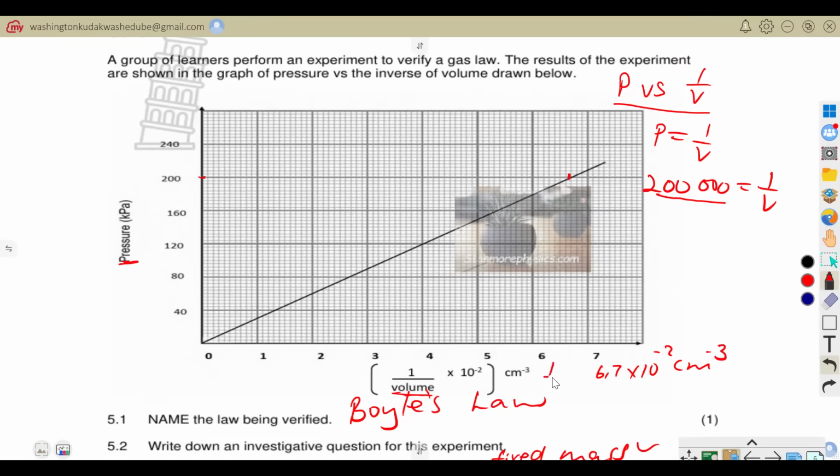So I know that 1 over V is equal to that. So what becomes my volume? My volume will just become 1 over this value, 6.7 times 10 to the power minus 2 per cubic centimeters. Whatever volume I find will be in cubic centimeters. So let's go down and write it neatly.